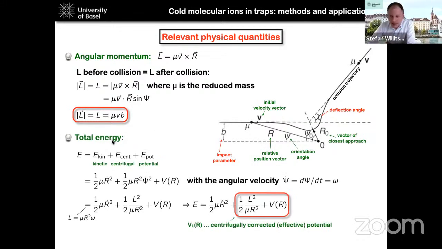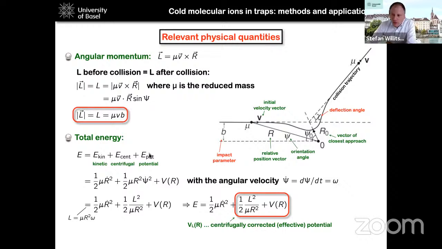So the other salient quantity is, of course, the total energy in this whole problem. And of course, we have kinetic energy. Then we have potential energy. This is the energy that comes from the interaction between the two particles, the interaction potential. So that is nothing surprising.